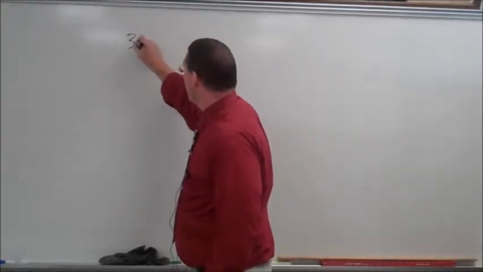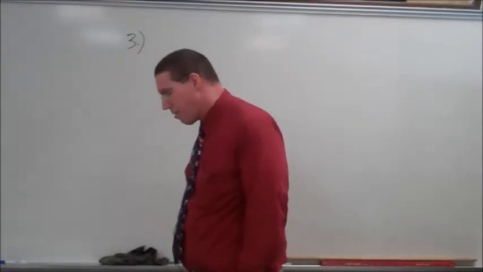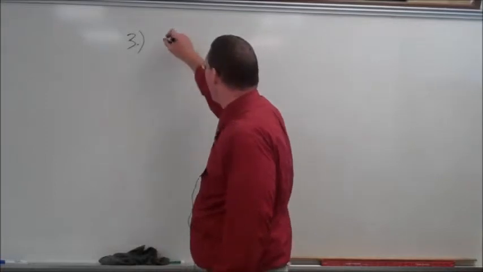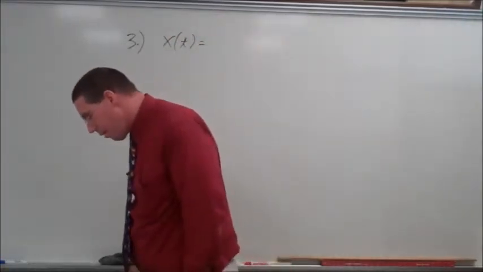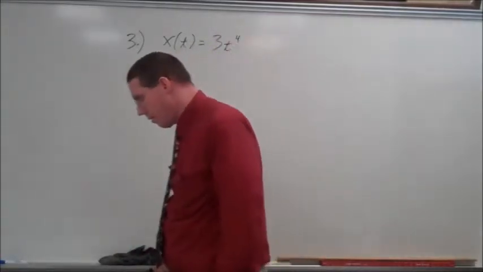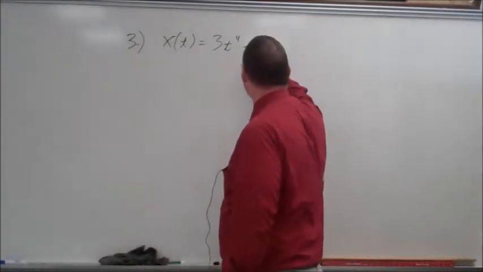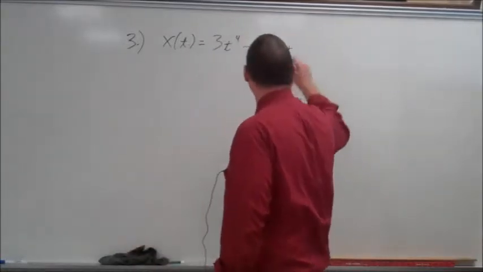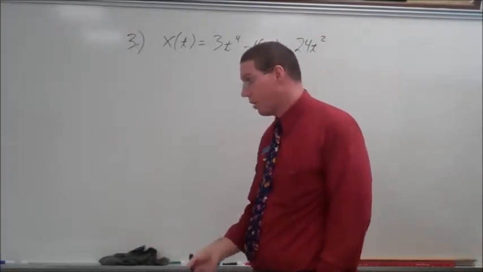Question number 3 says that a particle moves along the x-axis in such a way that its position at time t is given by x of t equals 3t to the 4th minus 16t cubed plus 24t squared. So that's our position function.